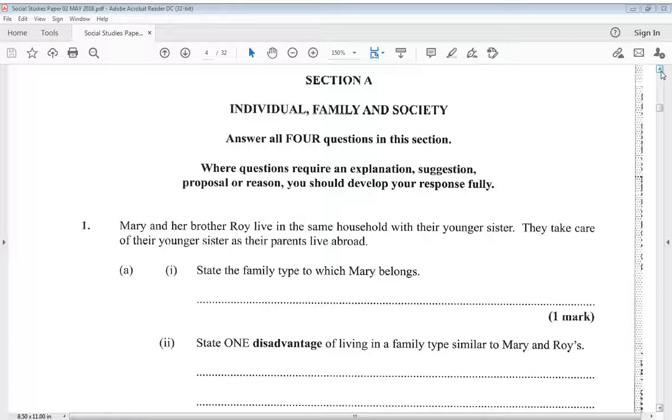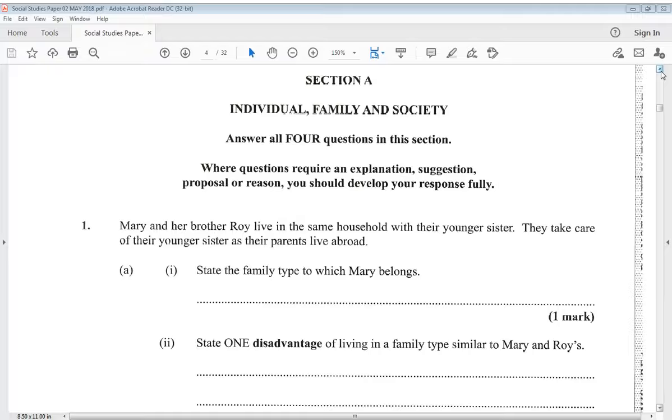So right away we can recognize that this is a sibling family. So 1 mark for that because it mentioned some key terms, Mary and her brother.